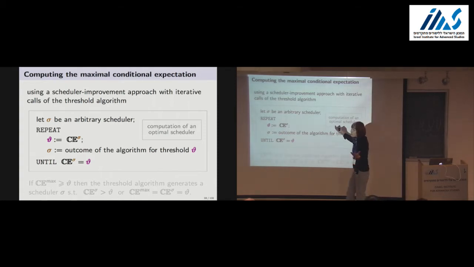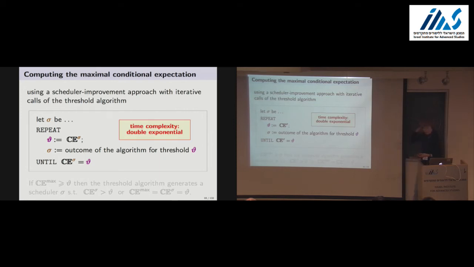It picks some memoryless deterministic scheduler. Well, as long as you can compute these values, this would be correct for any scheduler, but of course it makes sense to consider the simplest ones.